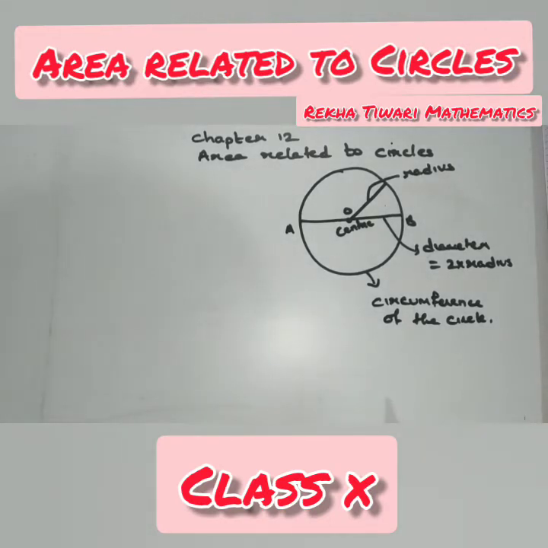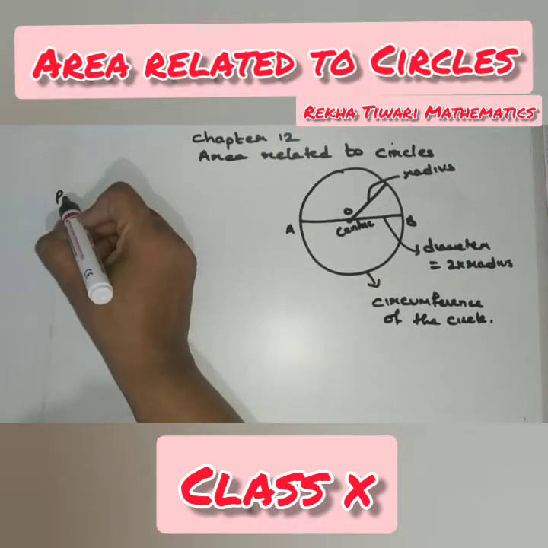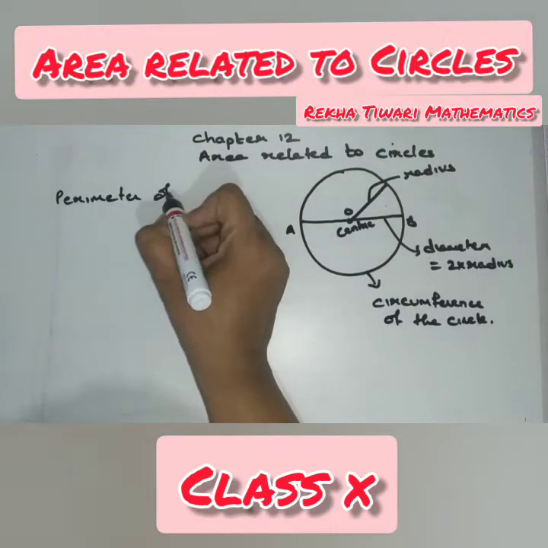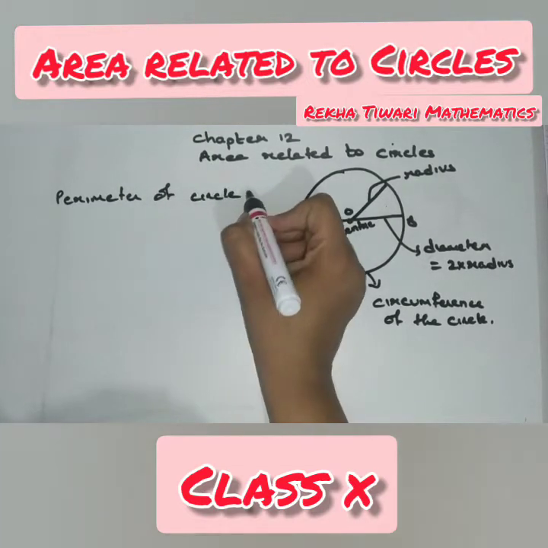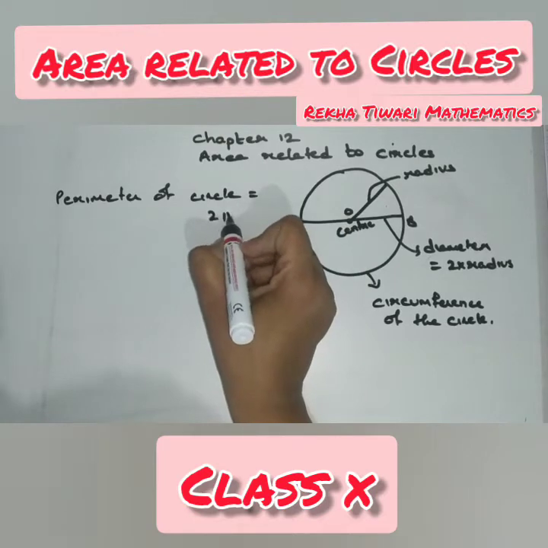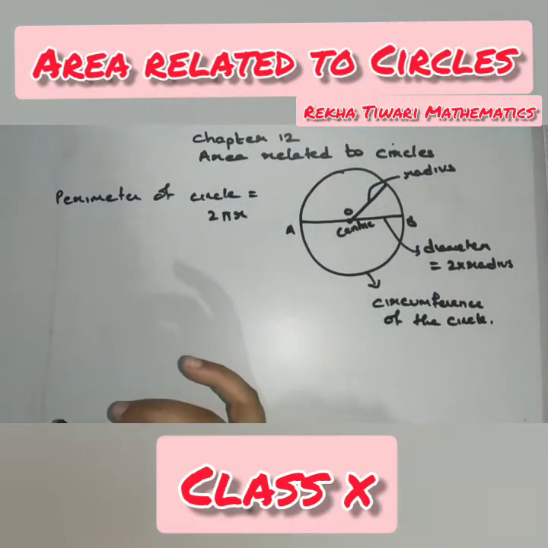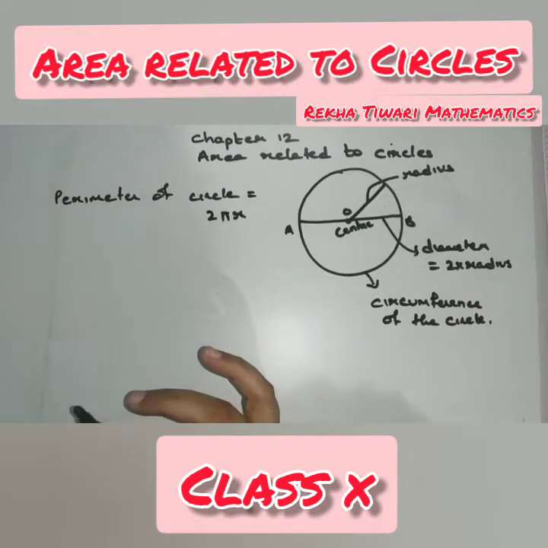With this, you should also know how to find out perimeter and area. Perimeter of circle is equal to 2 pi r. Perimeter of the circle. Perimeter means what? Boundary.